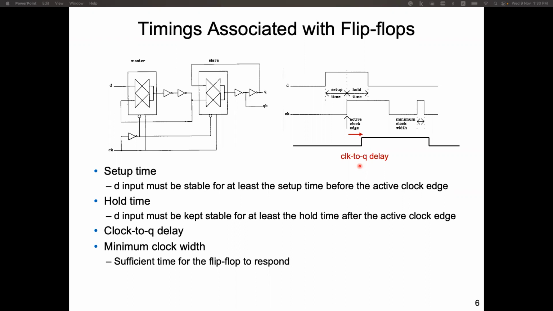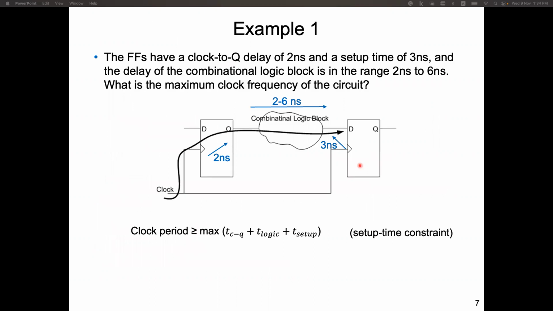To appreciate the importance of these timing constraints, I have 2 examples in the following 2 slides. Here is example 1. So we have 2 flip-flops. The flip-flop has this timing information.